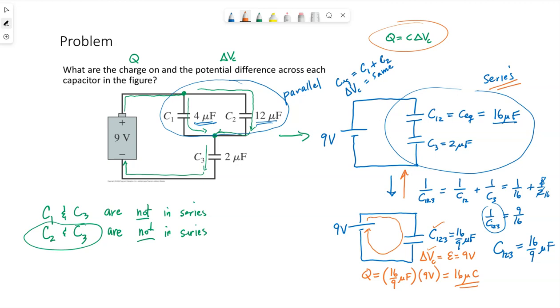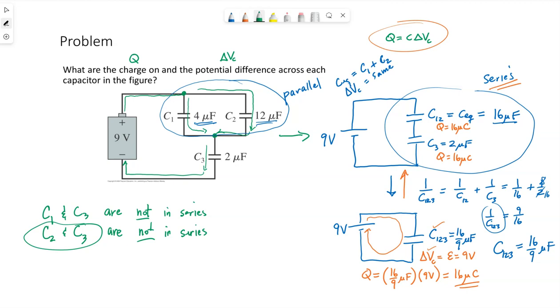In series, our capacitors have to have the same charge, and that charge is the same as the charge on their equivalent capacitance or equivalent capacitor. Okay, so we have capacitance and we have charge.